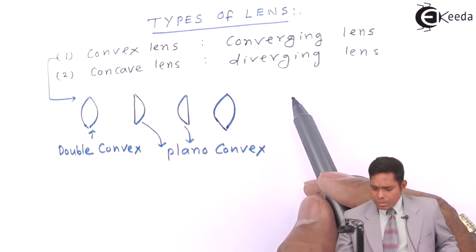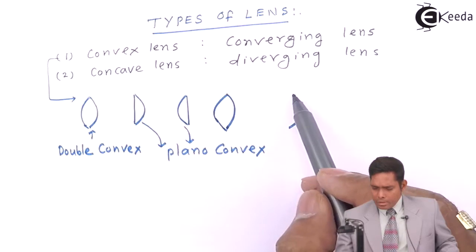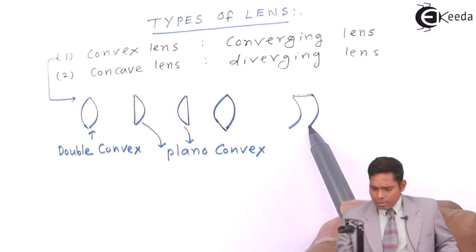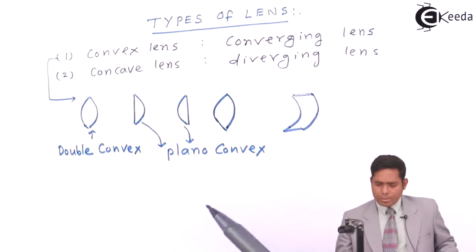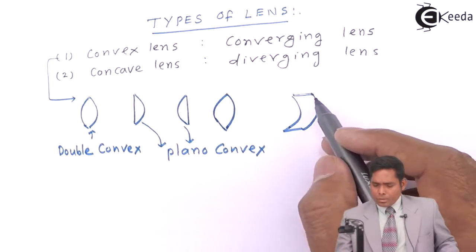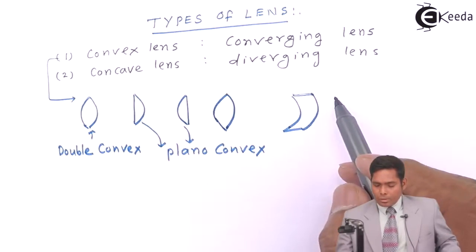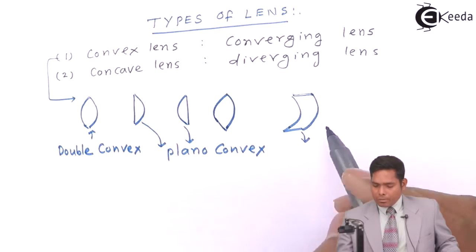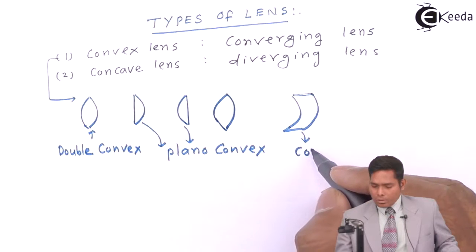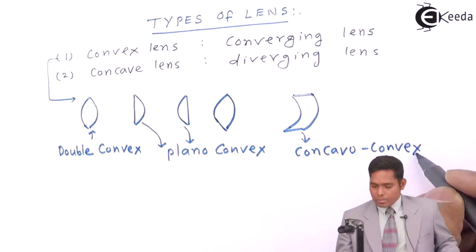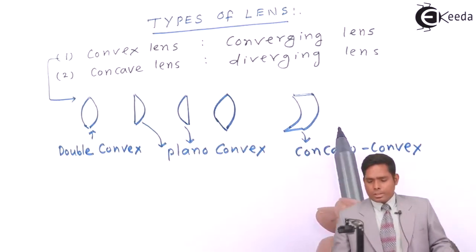Now there can be a situation where you have a surface like this and then like this. This is also possible. This type of lens is called concavo convex, meaning both types of surfaces are there.